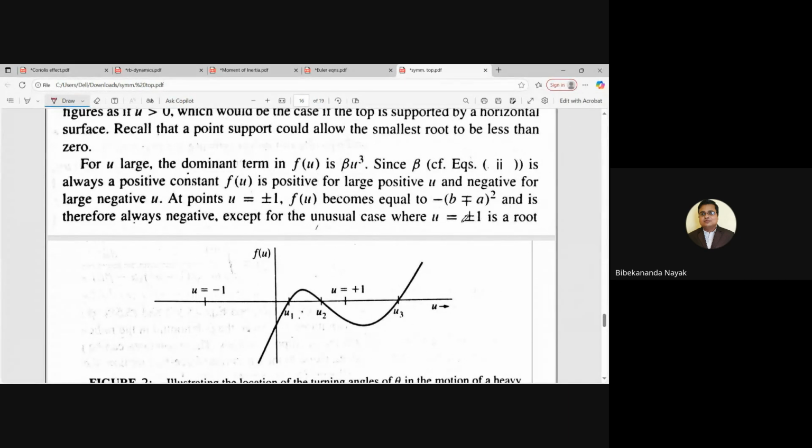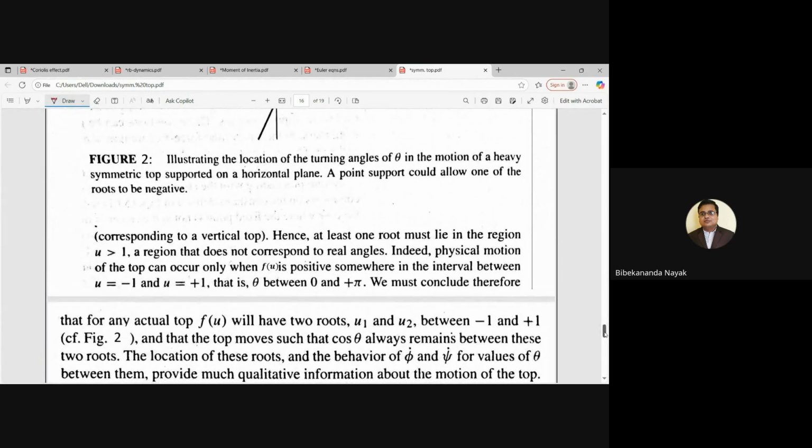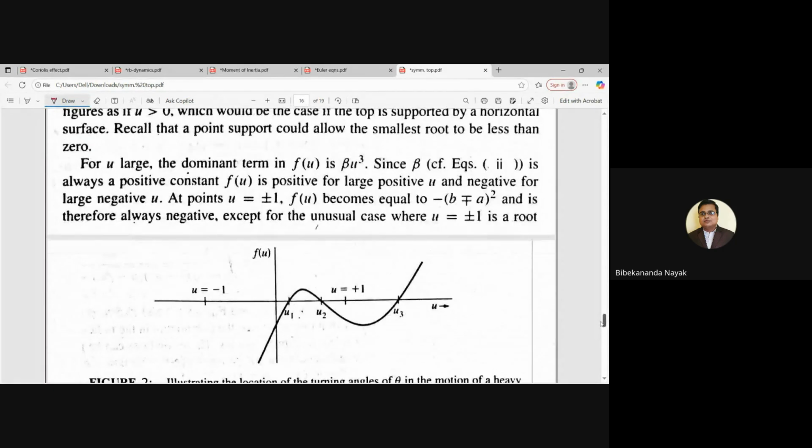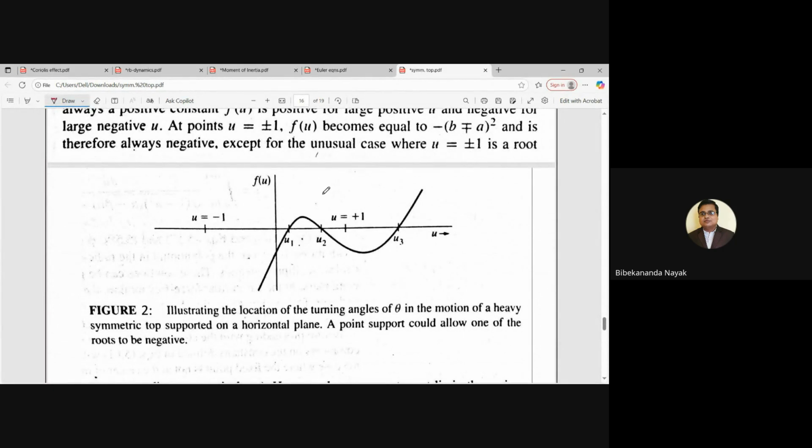Since one is minus and one is plus, there must be a root lying between them. If minus and plus, 0 is the root inside it. So this is that picture: one root must lie between minus and plus.